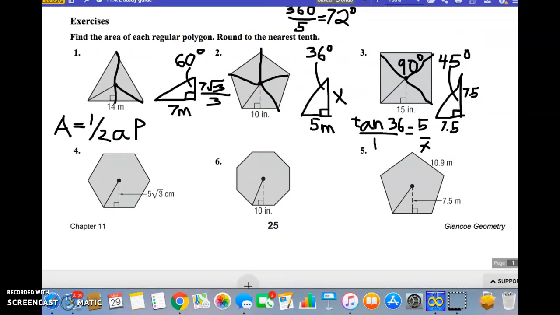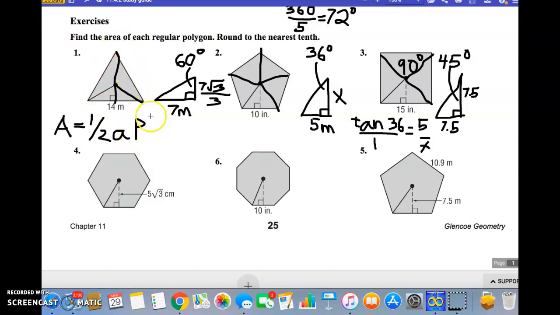All right, so number 1. These are regular polygons, so by definition they are equilateral and equiangular. Sorry, I marked this up already, but this 14 meters is this 14 meters is this 14 meters.